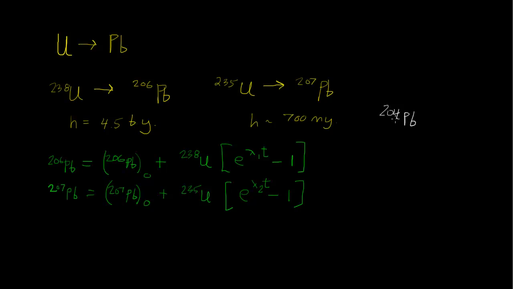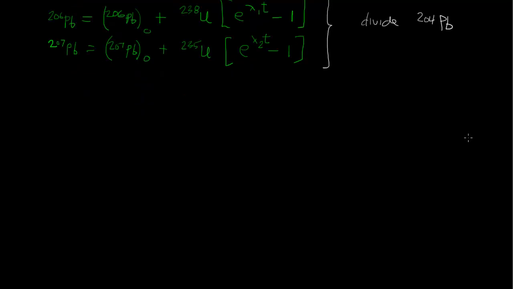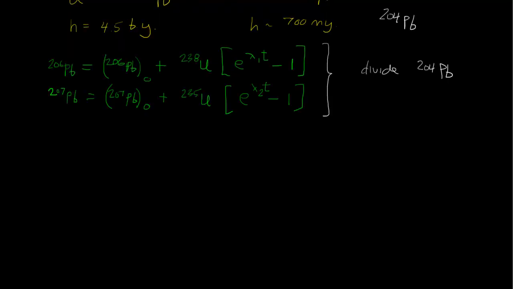It's not added to by decay, and it itself doesn't decay. So what we can do then is we can take both of these equations, as you might expect, and we will divide them by the stable isotope 204 lead. And this generates the two equations in terms of isotopic ratios that we commonly use when we do radiometric age dating.